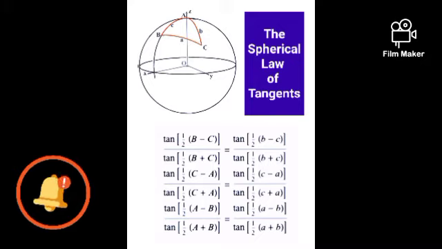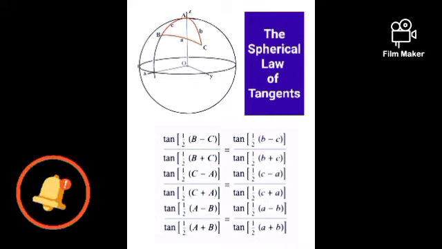You notice that the angles and the sides are taken in the same order. For example, in the first equation, you have angles B and C, capital letters B and C at the left-hand side. At the right-hand side, you also have the sides small b and small c in the same order.